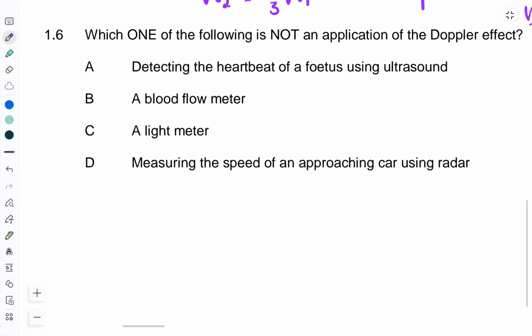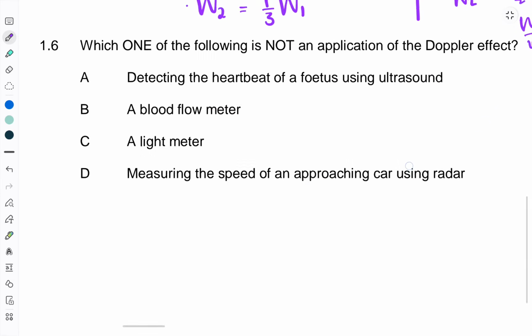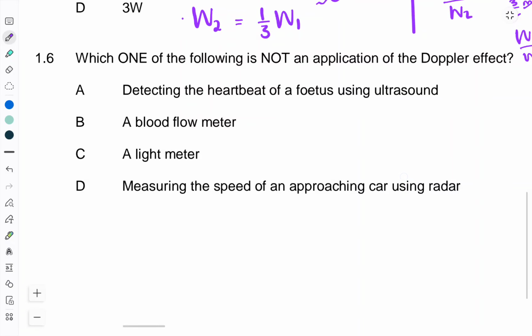(1.6) Which one of the following is not an application of the Doppler effect? Okay, let's check our options. Detecting the heartbeat of a fetus using ultrasound. Yes, that's correct. A blood flow meter.